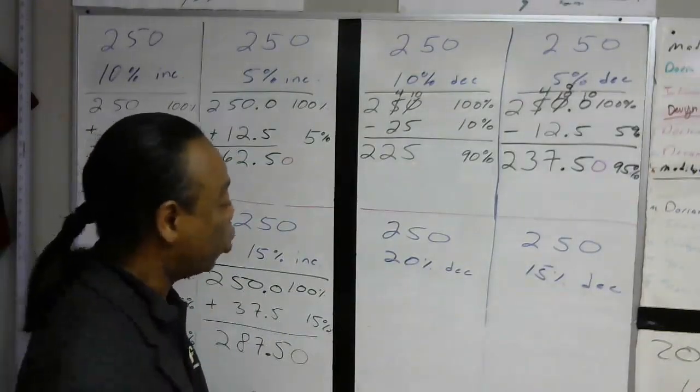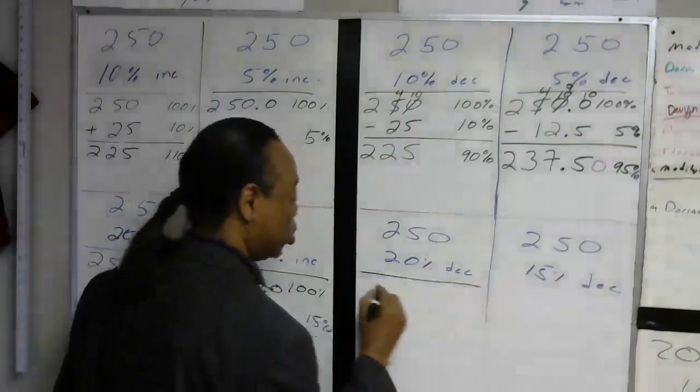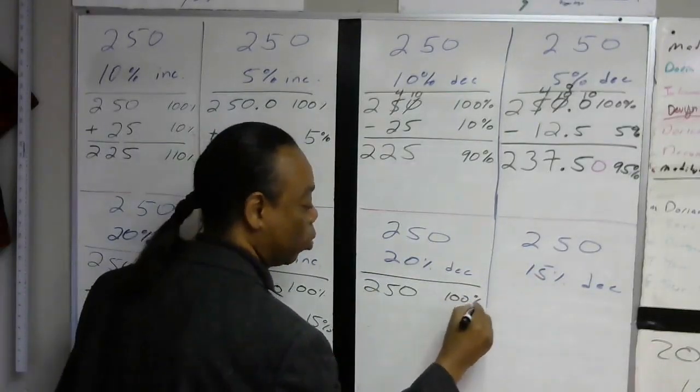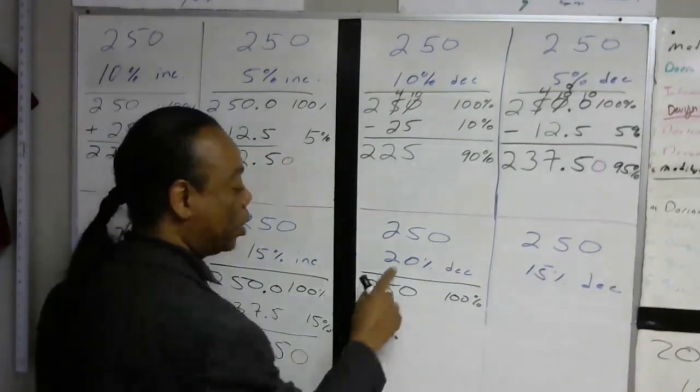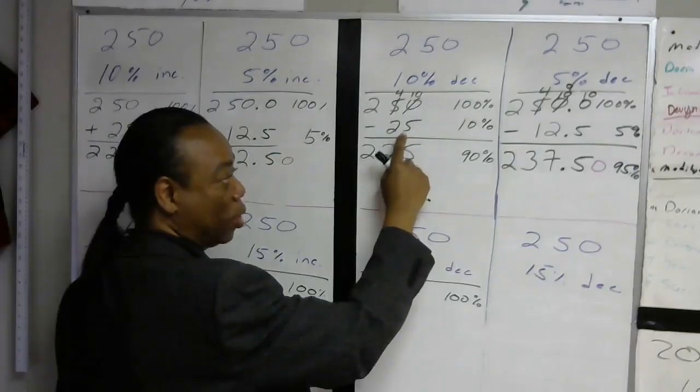Okay, a 20% decrease. Well, 250 represents 100% of the original. To find 20%, we go back to our 10%, which is 25, and we double this, or should I say multiply by 2. When you multiply 25 by 2, you get 50.